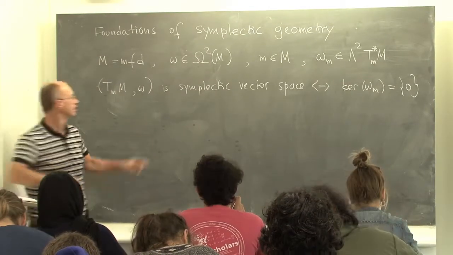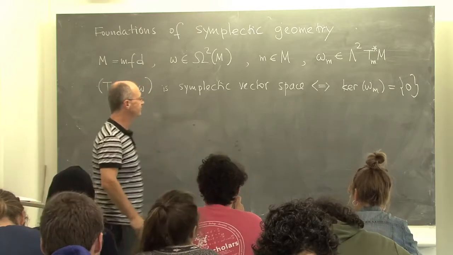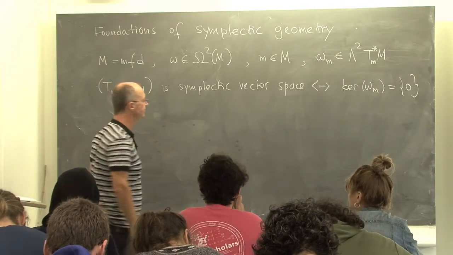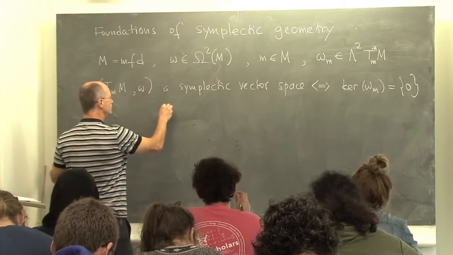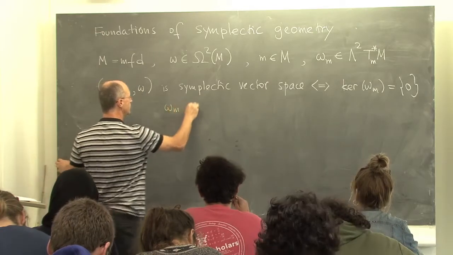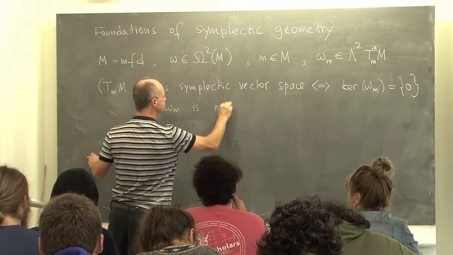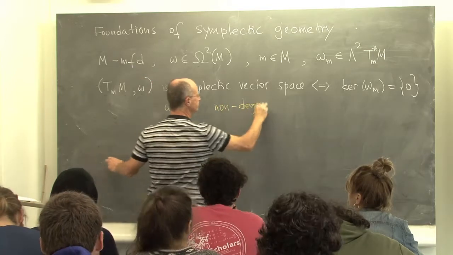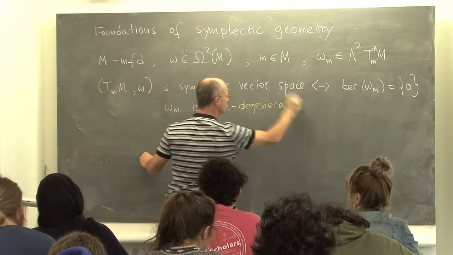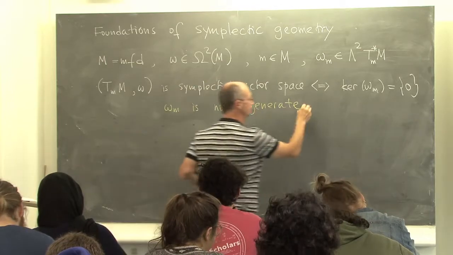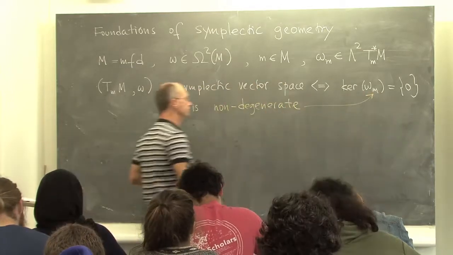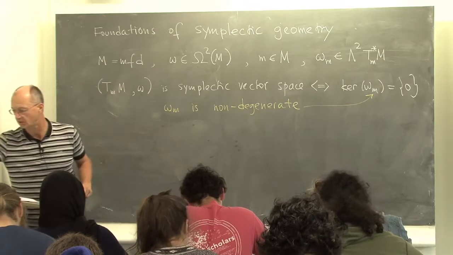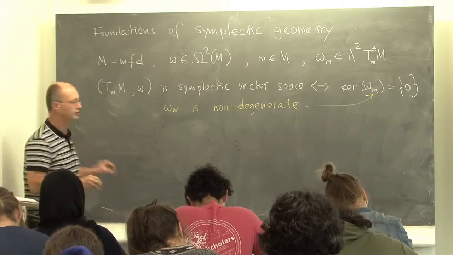We say that the vector space is symplectic, or we also say that omega m is non-degenerate, referring to this condition. So the kernel is 0, so the corresponding form is non-degenerate.